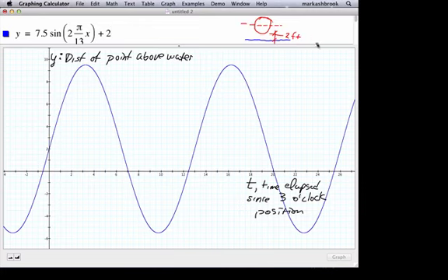So how did we do with this function? Does it give us the distance of the point above the water? Yes or no? No. I got 2 no's. More no's. Why no? What's wrong? If this is distance above the water, then what does the x-axis represent?